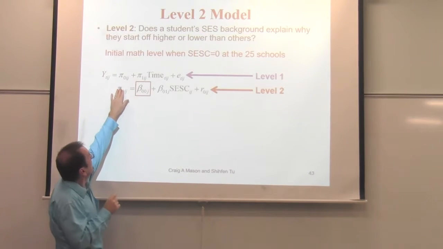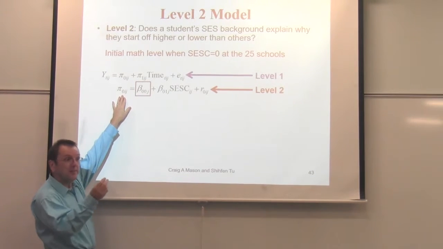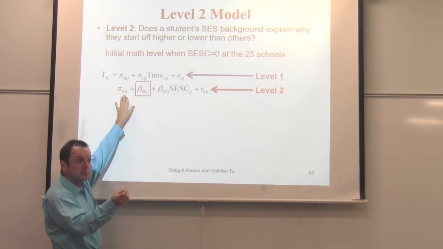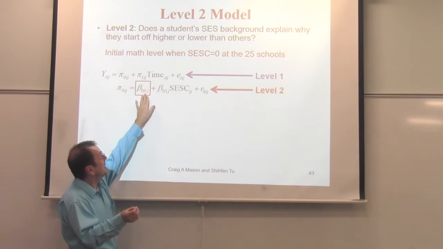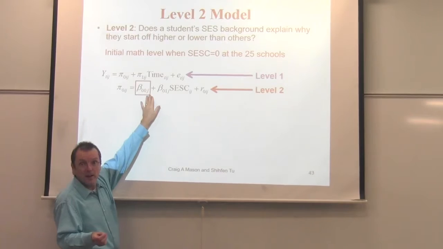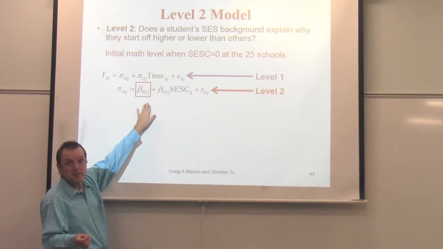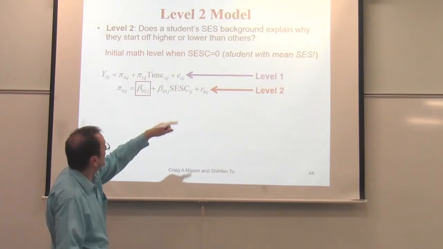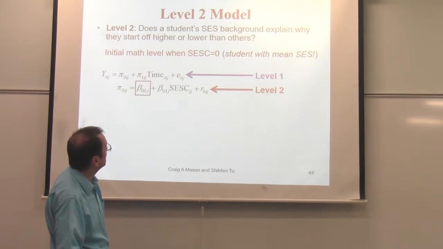Pi 0 ij is your intercept, every kid's predicted score at the start of the study. So beta 00j is that predicted initial math score when someone is at the average income for students with the mean SES.